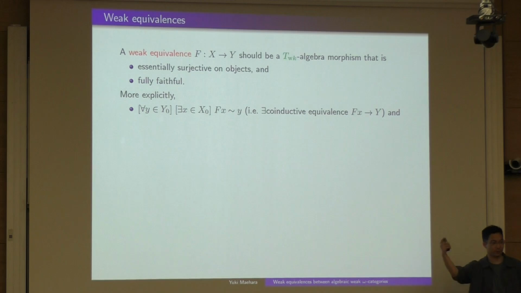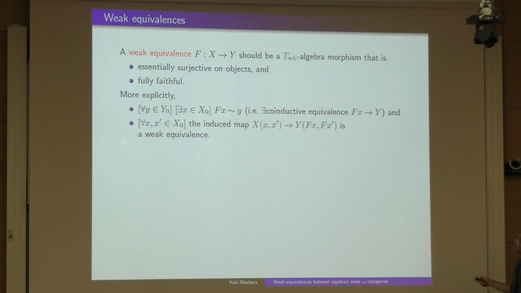So this gives you a sort of co-inductive definition. If you unravel that, this is saying that this induced map is essentially surjective on objects in this sense, and then again the induced maps between the next homs are weak equivalences.